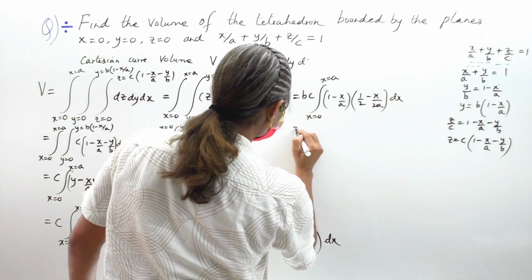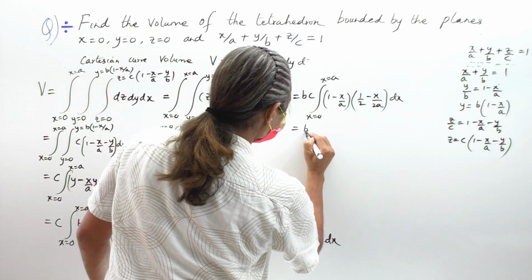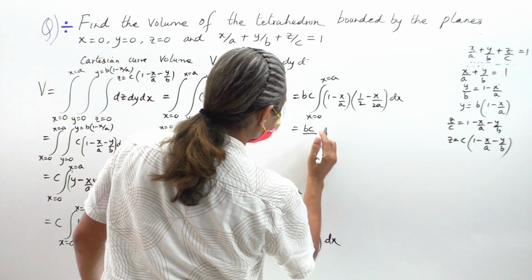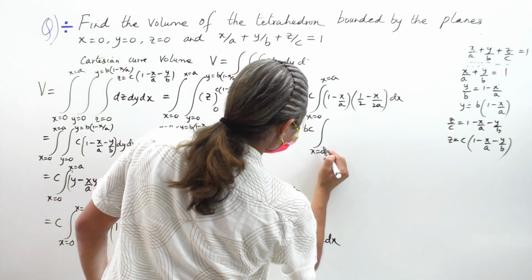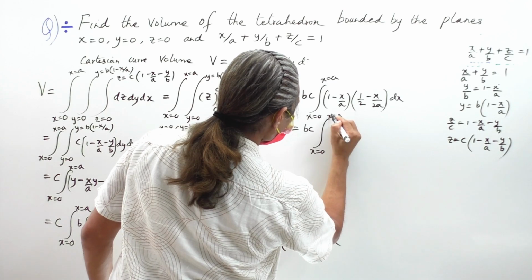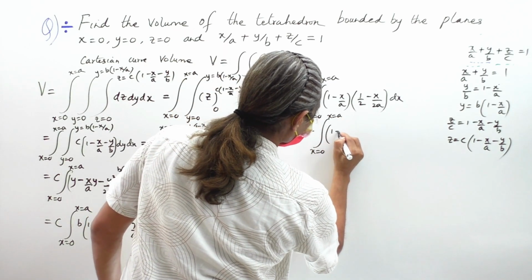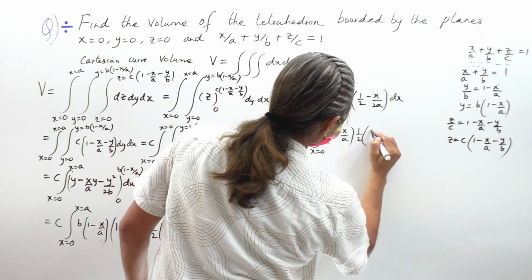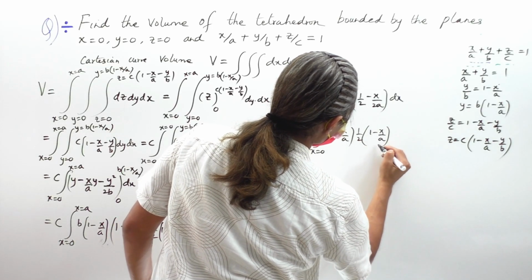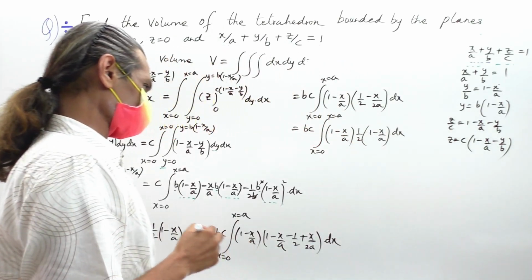So again this will be now, see 1 by 2 is common again, bc over 2, I write it here, bc, I write step by step, x is equal to a, next 1 minus x over a, 1 by 2 outside, again 1 minus x over a dx, done.